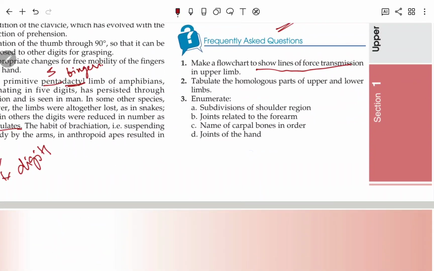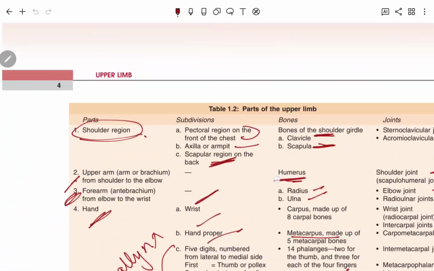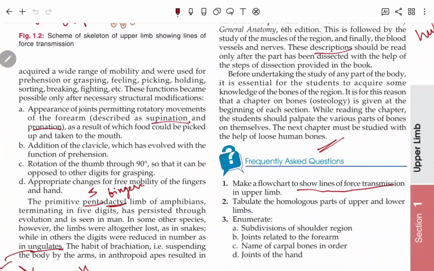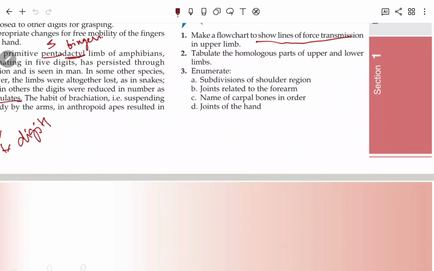Okay, tabulate the homologous parts of upper limb and lower limb. That too is given. These are the homologous parts we discussed already. Then enumerate subdivisions of shoulder region, joints related to forearm, name of the carpal bones in order. Okay, I have one trick. We will start from the thumb side.